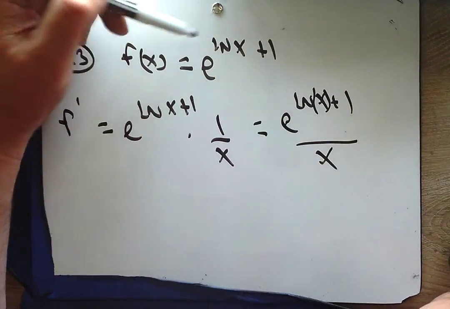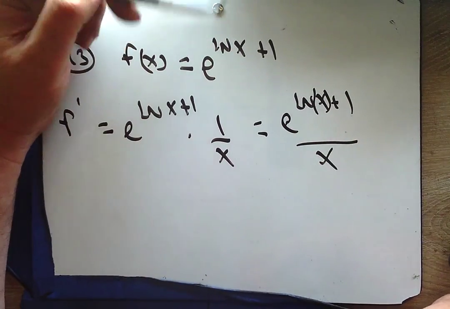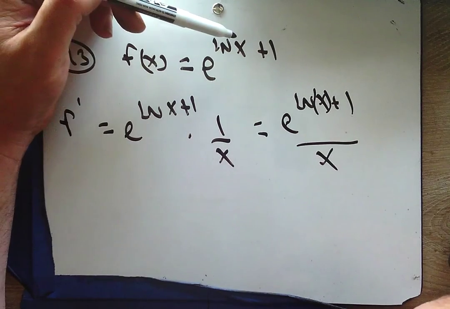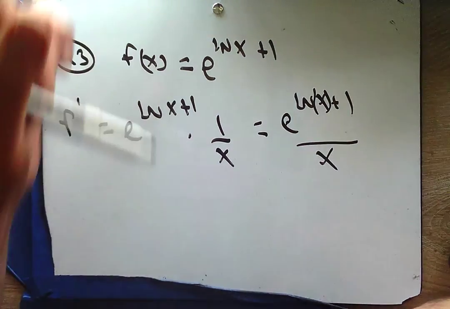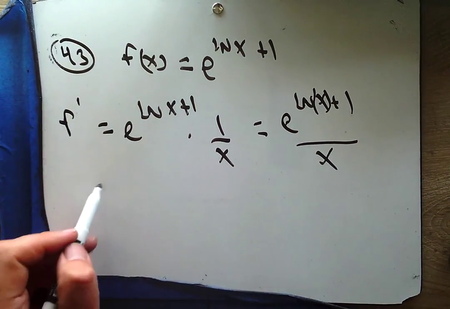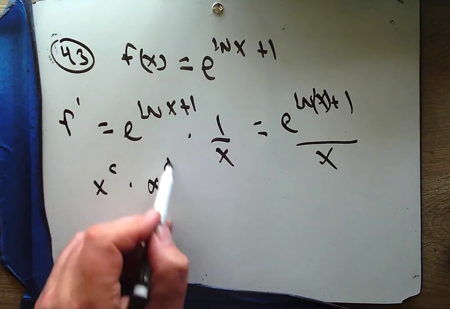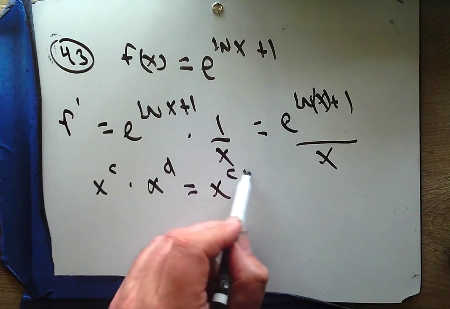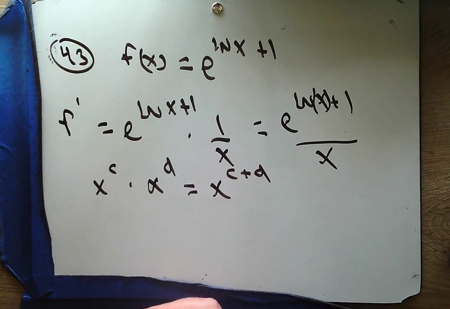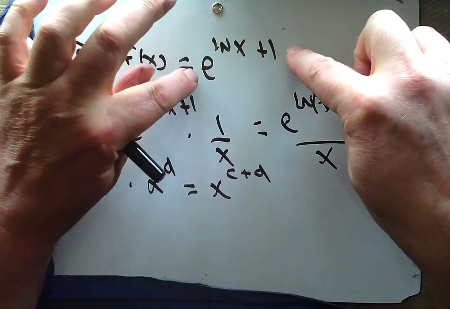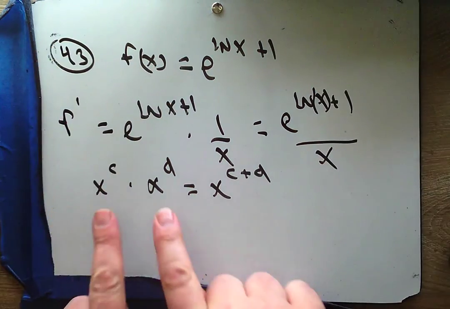But I'm thinking about this. What allows me to add exponents? When the bases are the same and I multiply, I can add those exponents. So I can rewrite this problem like this.